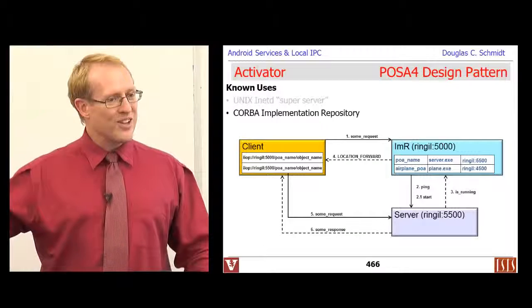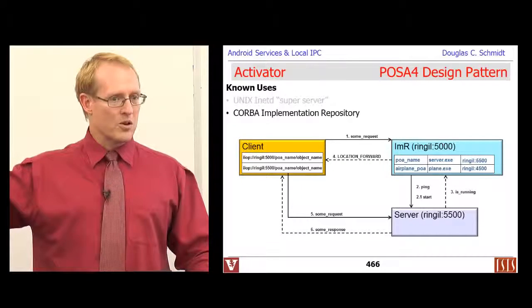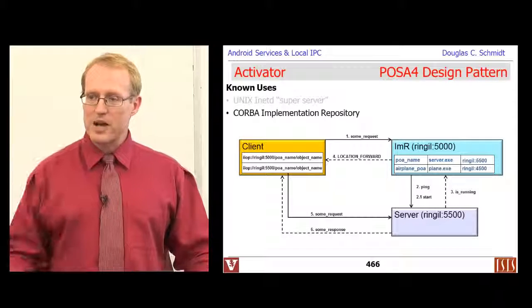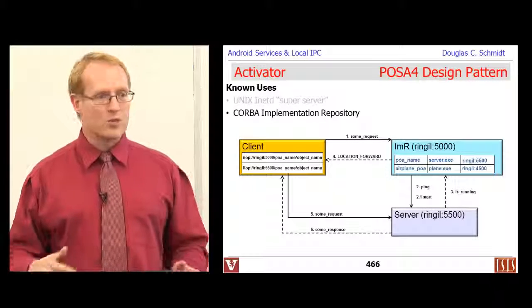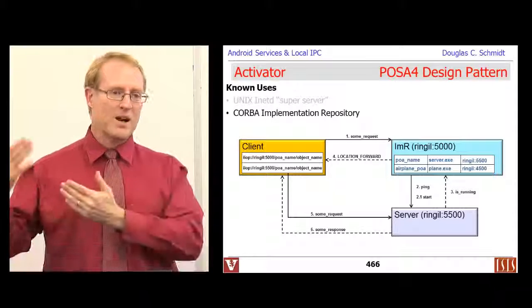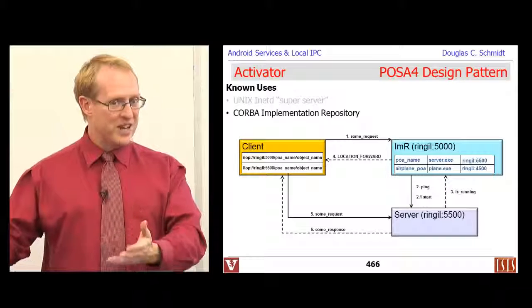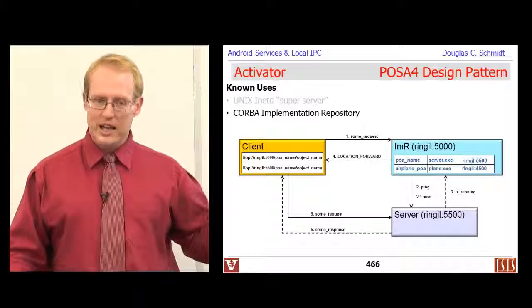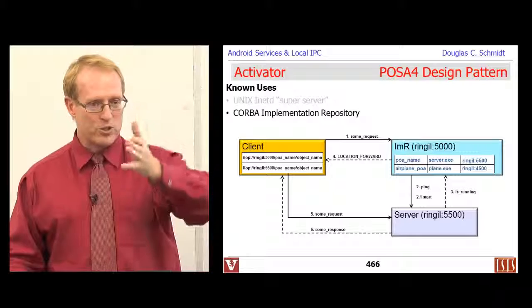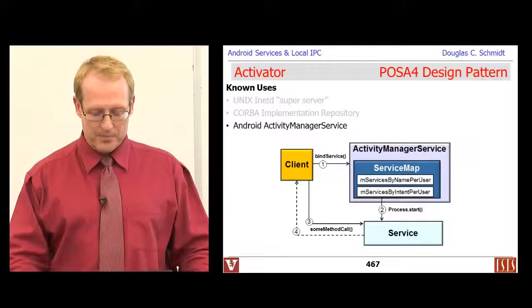Any subsequent call to that service is routed directly to the server without going through the implementation repository. So Corba has this really cool mechanism that optimizes things: the first time you use it, it figures out where the correct implementation resides, launching it if necessary, and then redirects the client henceforth to go there without having to make a trip through the implementation repository each time.